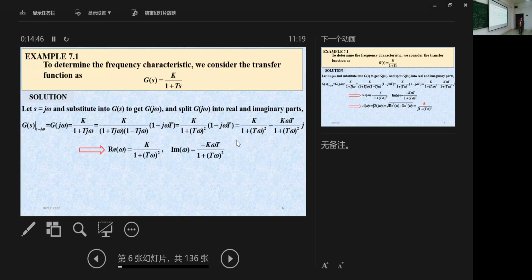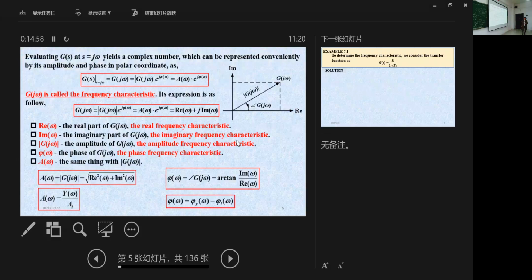According to the formula, we can get the amplitude. Amplitude equals what? The real part and the imaginary part, take the square root of the sum of squares. This is Pythagoras; see, this is a triangle.